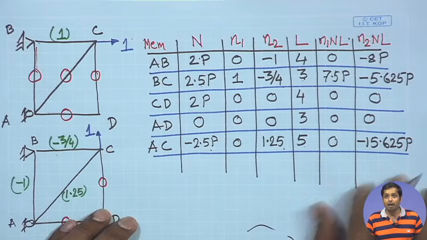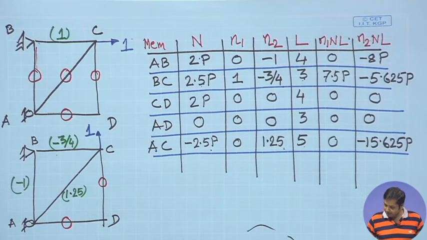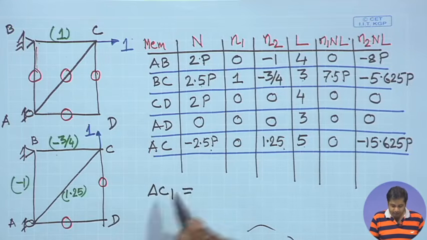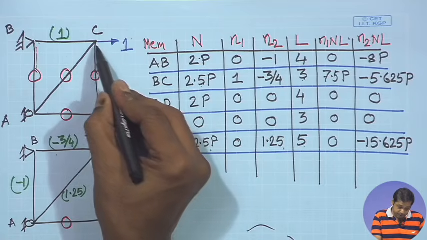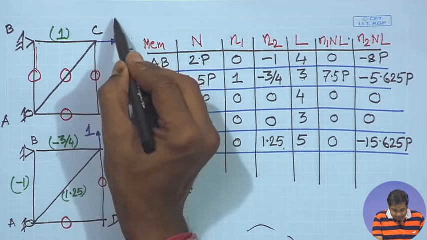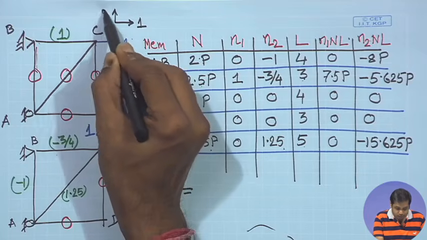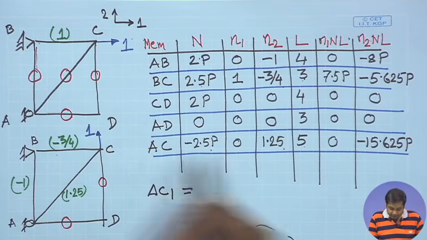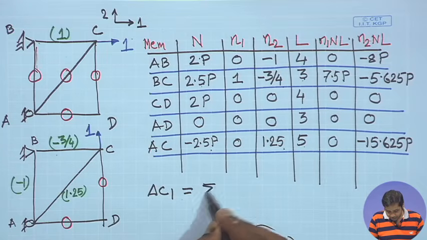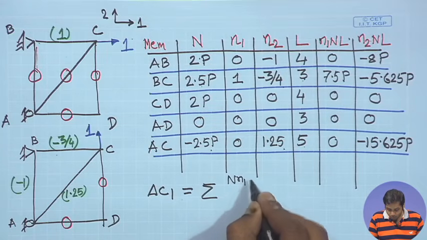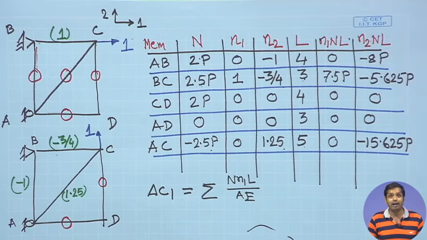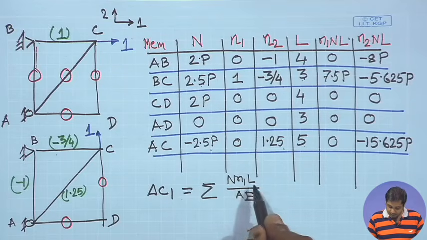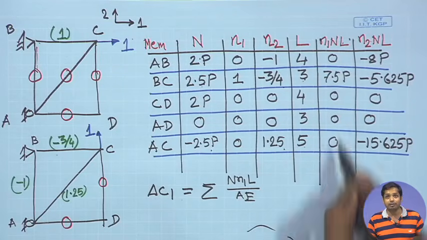So, this is P. Now, what is delta? If we remember, delta C1 means the displacement at C in direction 1, suppose this is direction 1 and this is direction 2. Okay. So, delta C1 is the displacement at C in direction 1, which we know is the summation of n1 L divided by AE. Now, AE is constant for all the members, this is axial rigidity, and n1 L is the summation of this column.